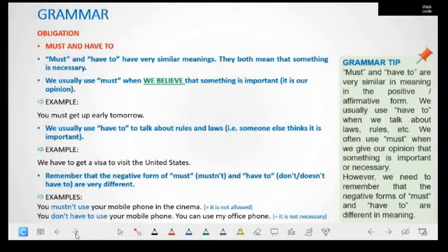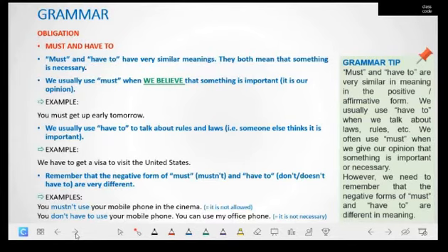Grammar tip. Be careful about this. Must and have to are very similar in meaning. In the positive affirmative form, we usually use have to when we talk about laws, rules, etc. We often use must when we give our opinion that something is important or necessary.